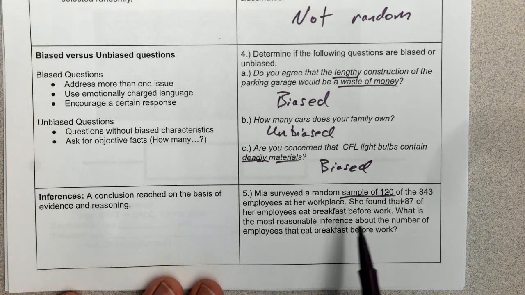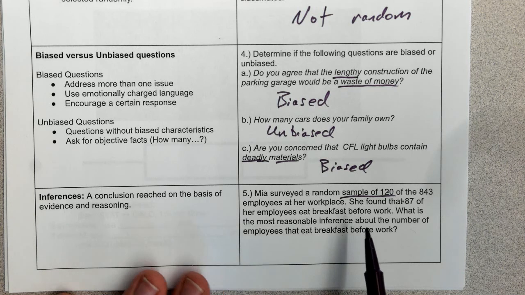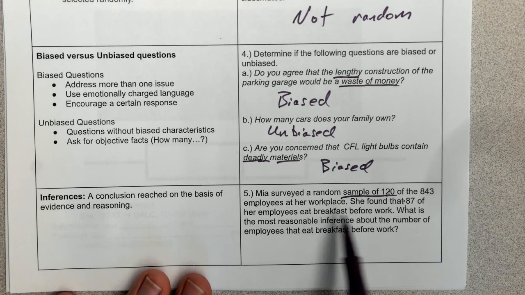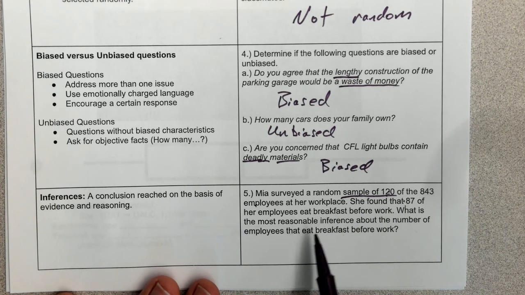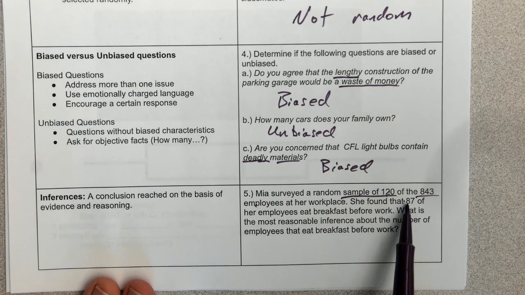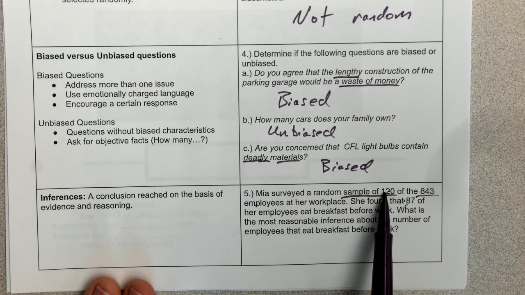What is the most reasonable inference about the number of employees that eat breakfast before work? In other words, what we're trying to figure out here is if 87 out of 120 of the sample ate breakfast before work, how many of all of the 843 employees could we conclude probably eat breakfast before coming to work? Okay, so to figure this out, we need to know what percentage of the sample ate breakfast before work.